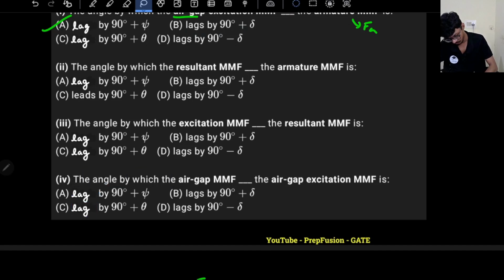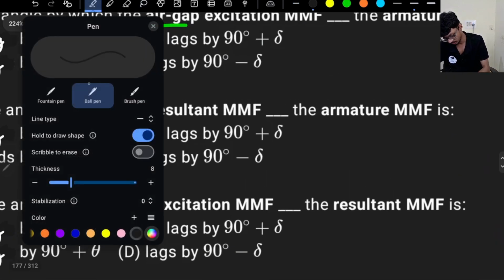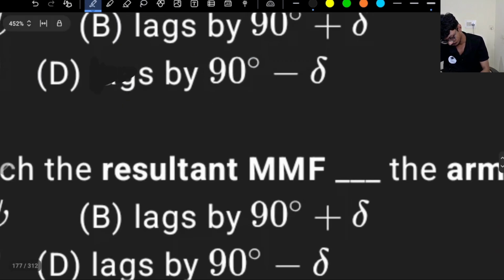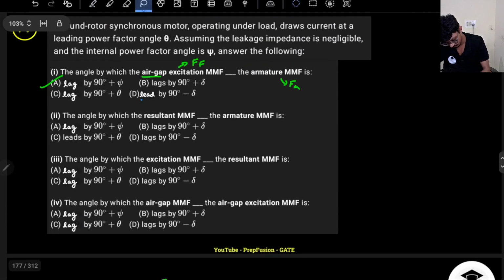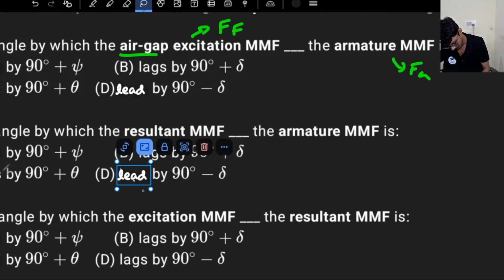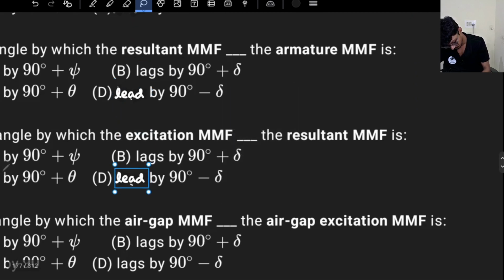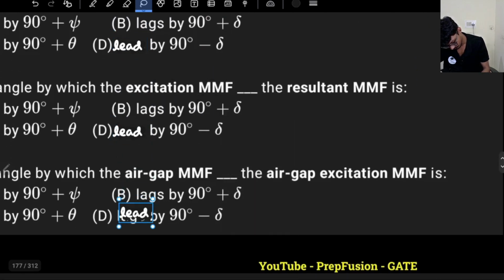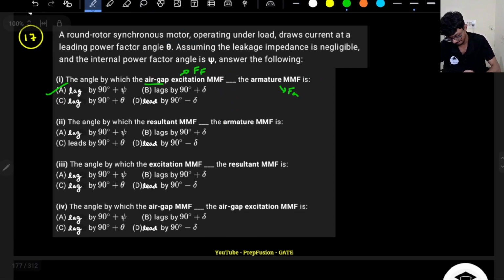And one more thing, the last one will be lead, for all of the cases.